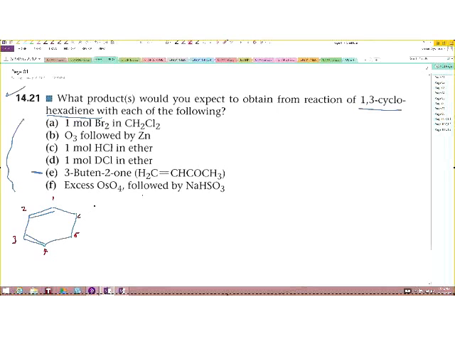And then let us take a look at question 21E, this one here. 3-butene 2-one, which is this molecule here. So what they want us to do here is to perform a Diels-Alder reaction between this 1,3 cyclohexadiene and the 3-butene 2-one, which is this here.